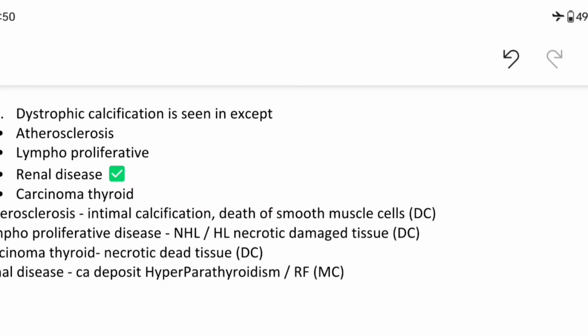That is why it is of the metastatic calcification variety. Two things you need to remember about metastatic calcification: it happens in normal tissue, with excessively elevated calcium levels, in contrast to dystrophic calcification where the calcium levels are normal but it deposits in the dead and necrotic tissue.